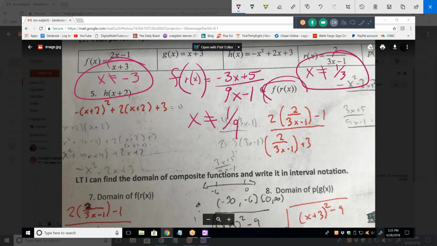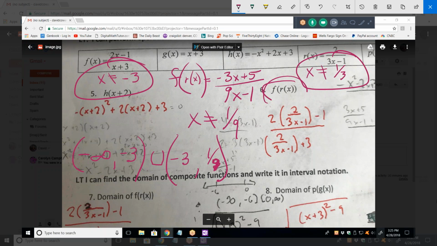So if you've had interval notation, then this is the way I would write it. Minus infinity to minus 3 in union with minus 3 to 1/3. 1/9. No, 1/3. Yes, you're right. 1/9 comes first.